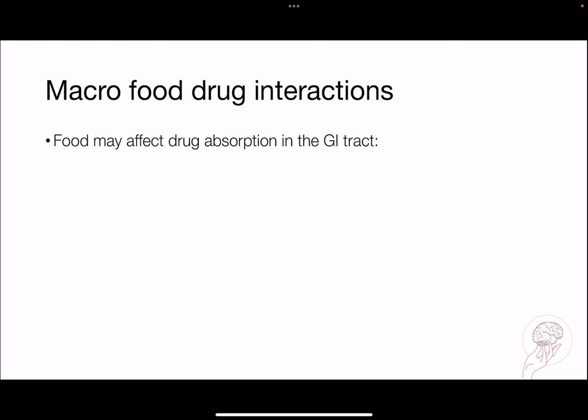So first, let's talk about macronutrient food-drug interactions. So a food itself can affect drug absorption in the GI tract. It can alter gastric pH. It can change secretion of enzymes. It can change gastrointestinal motility. So think about the difference in motility when you drink a hot drink.